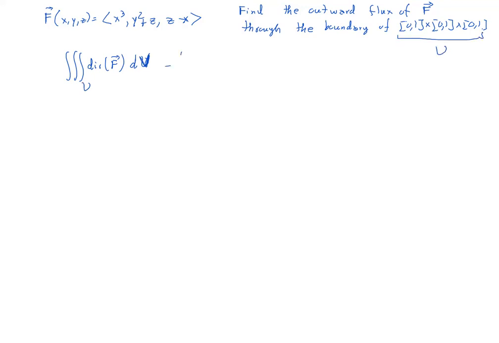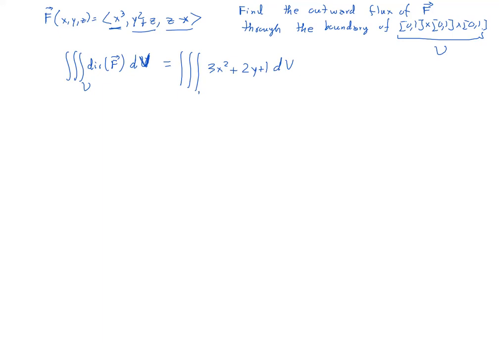And what is the divergence? You have to take the derivative of x cubed with respect to x, that's 3x squared. You have to take the derivative of y squared plus z with respect to y, that's 2y. And you have to take the derivative of z minus x with respect to z, which is 1.